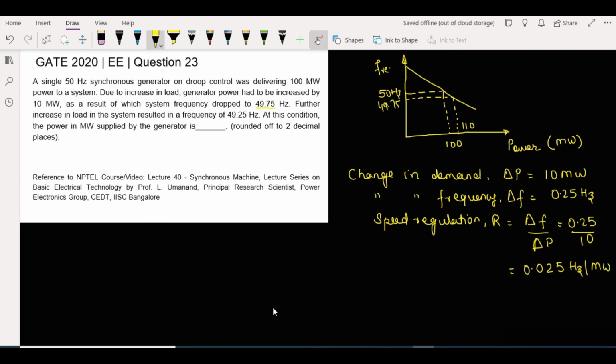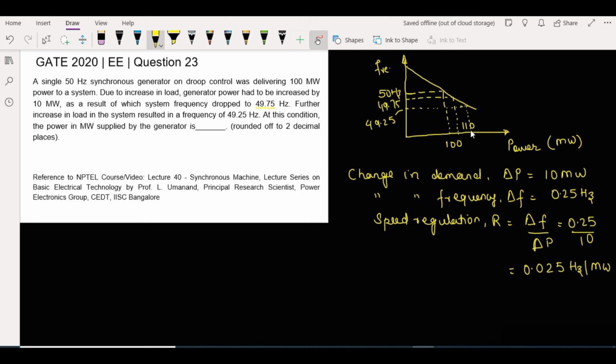So further it is said that there is an increase in load in the system and it resulted in a frequency of 49.25. So the frequency further falls. Say this is 49.25, right? And at this condition, we have to find out the power in megawatts supplied by the generator, right?